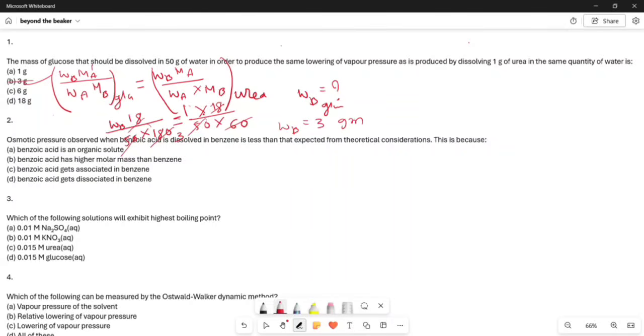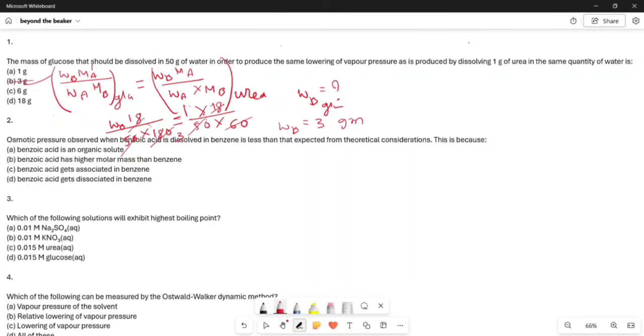The second question is: osmotic pressure observed when benzoic acid is dissolved in benzene is less than that expected from theoretical consideration. This is because, when benzoic acid is dissolved in benzene, it undergoes association.